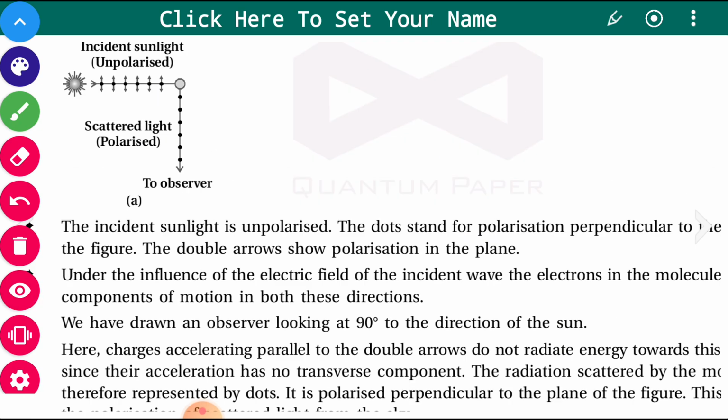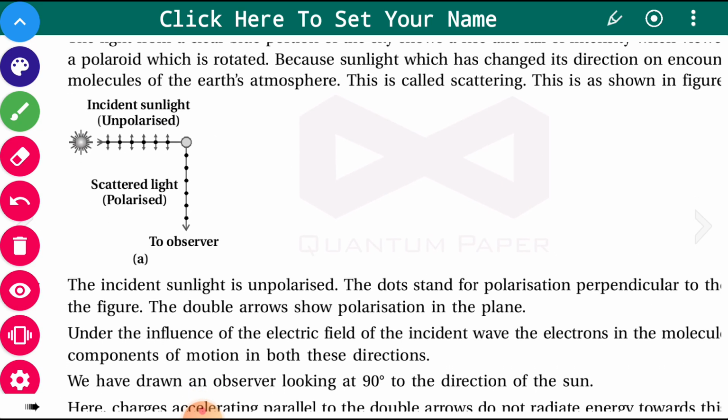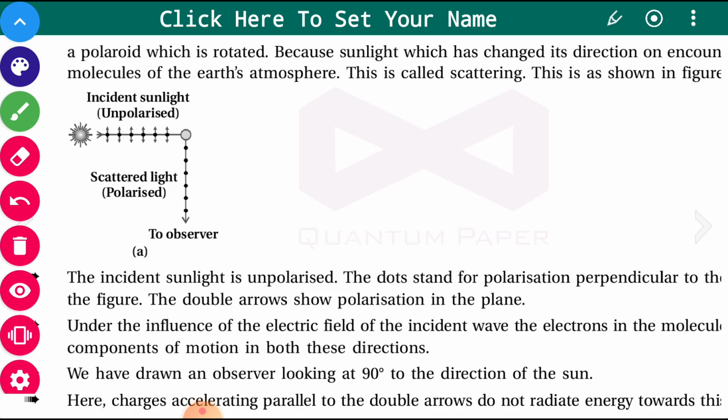So these are the symbols. This unpolarized light is incident here, and these are the scattered light which is polarized light, and these dots are showing the electric field intensity vectors which are perpendicular to the plane of the figure.